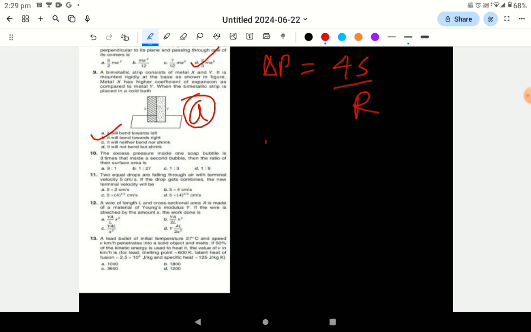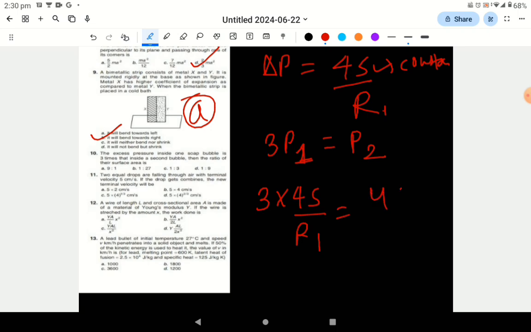Then we have to find the ratio of their surface areas. The surface tension is constant here, so we have to find the radius. So we will have 3 into 4S by r1 equals 4S by r2. So 3r2 equals r1.